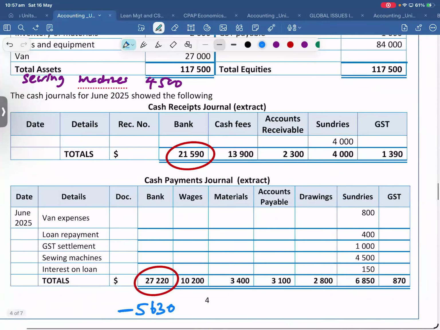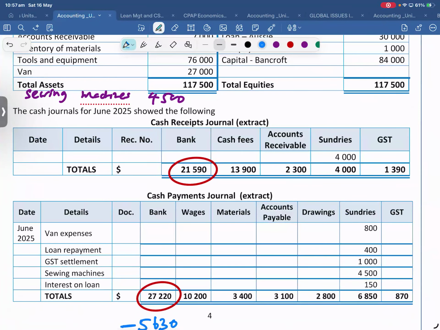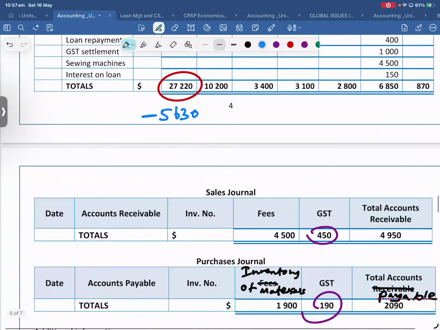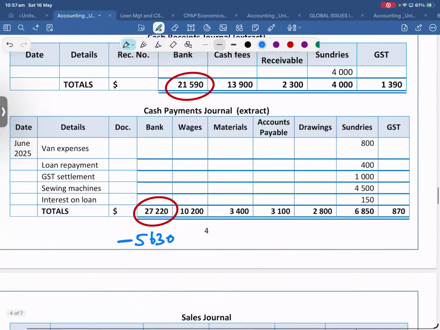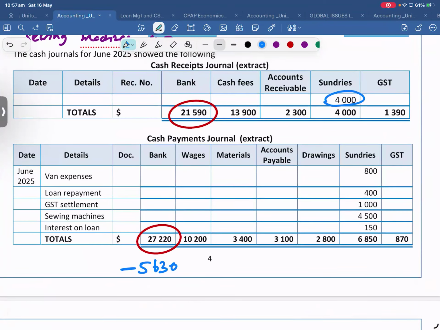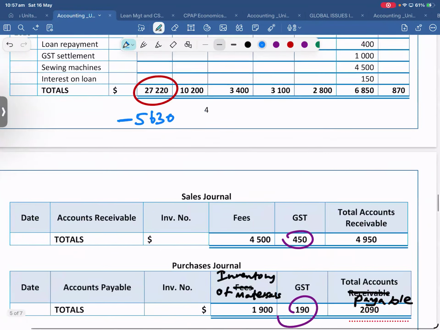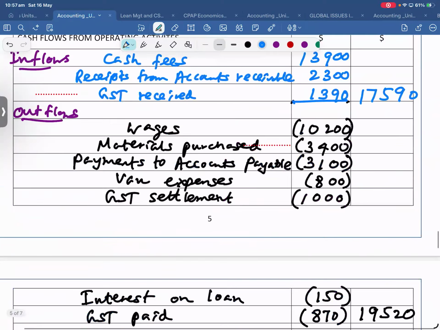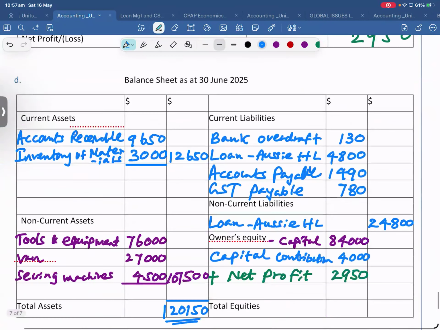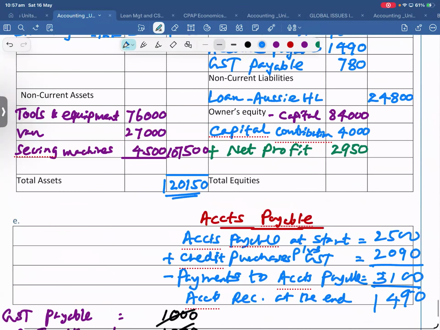We didn't record it anyway. Capital contribution 4,000, which is this 4,000. And then also we had drawings. That also we had to consider, 2,800. Okay. Capital, we are writing 4,000 here. We already wrote it. Right?